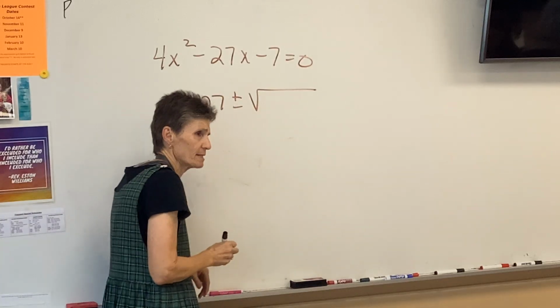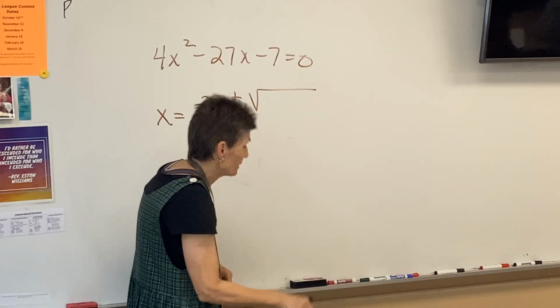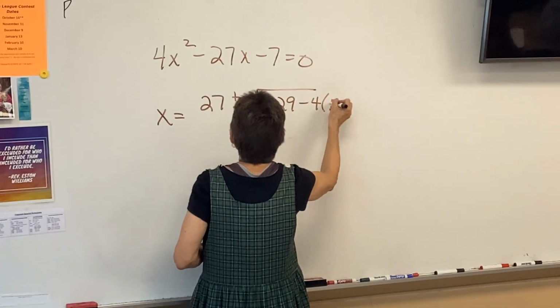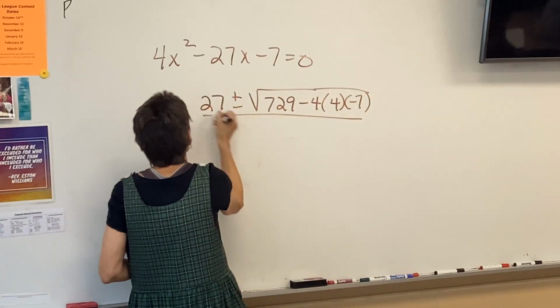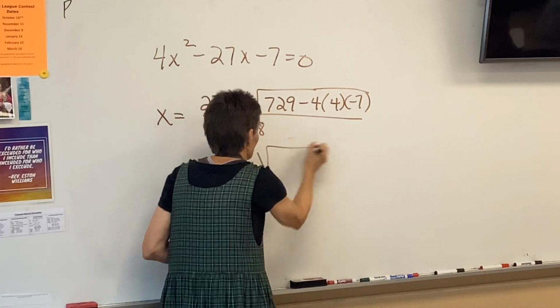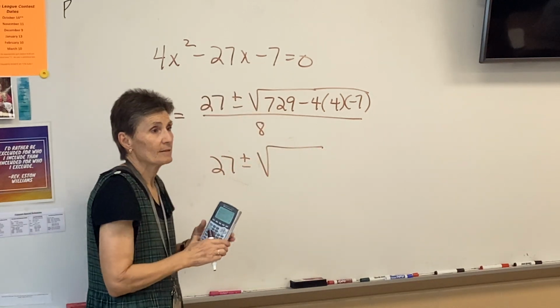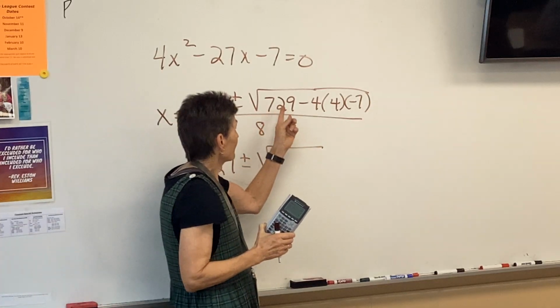I don't know what 27 squared is. 729 minus 4 times A times C. So this catches us even when we have a calculator sometimes. I got 729.